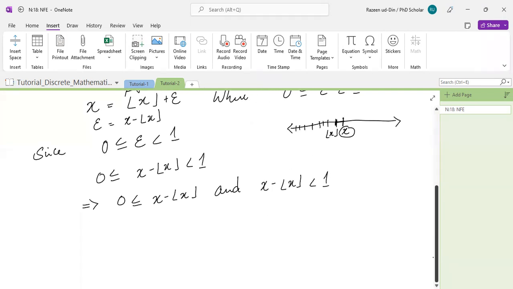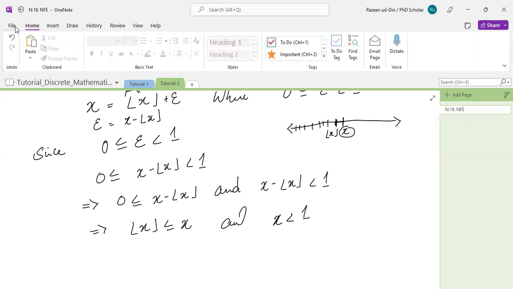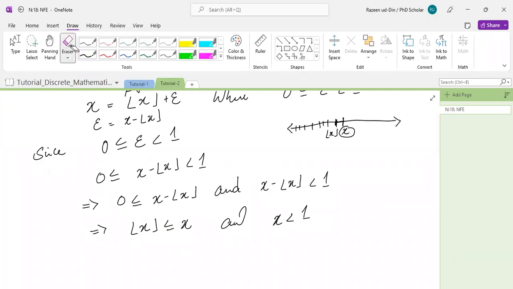So what it gives us is that floor of x is less than or equal to x, and x minus 1 is less than floor of x.